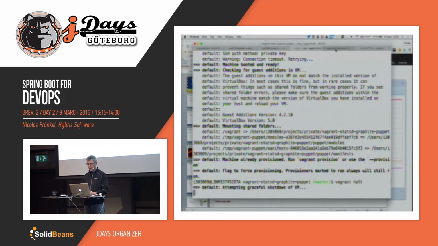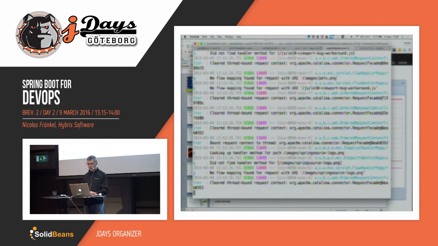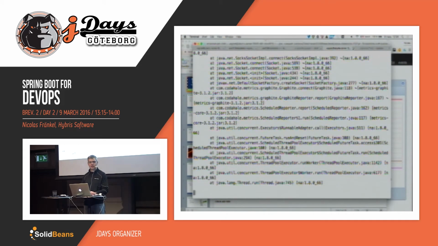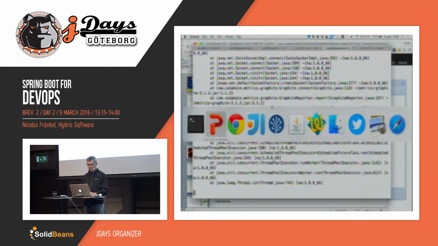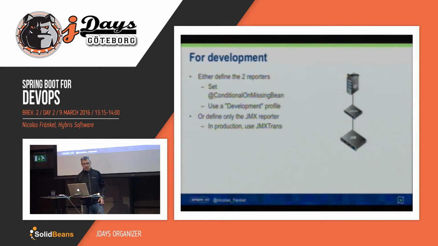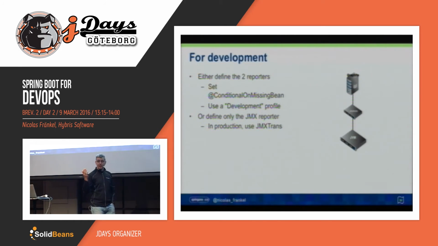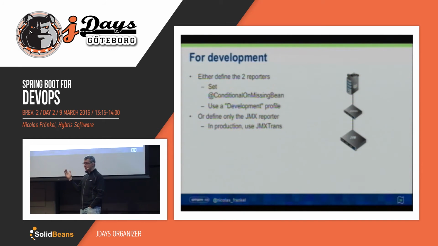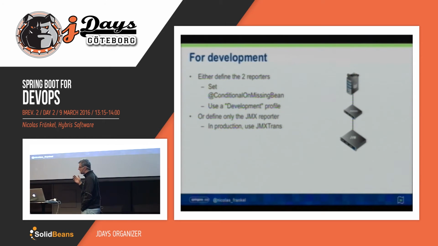And if you don't have Graphite, Spring Boot won't be so happy about that. It will try to send stream data to a non-existing Graphite. There are ways to achieve that: you can use a conditional on missing bean and a profile, like in any Spring Boot application.